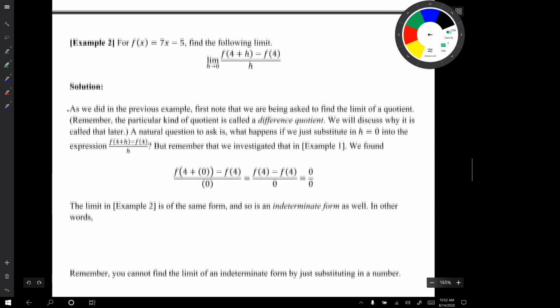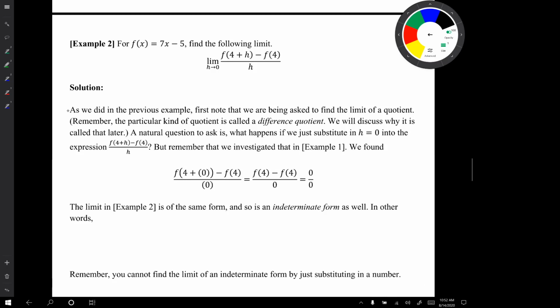All right, let's do another example. In this example, the function f of x is 7x minus 5, and we're being asked to find this limit, which again is a difference quotient. The natural question is, what happens if we just substitute in h equals 0?